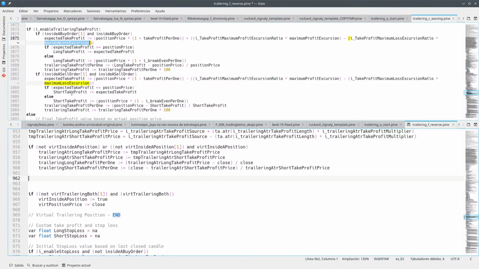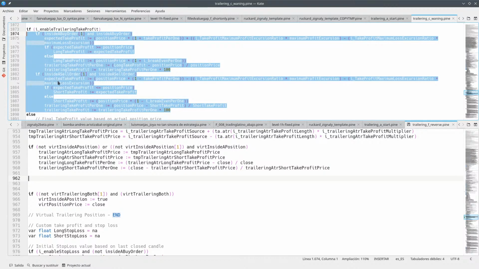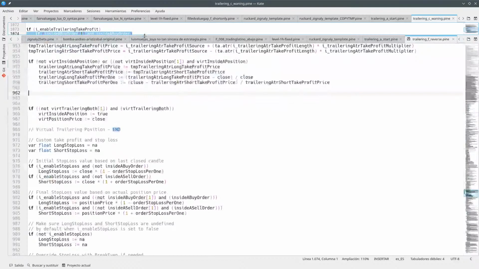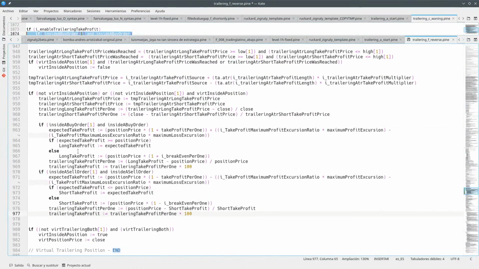Trailing take profit. Yeah, this is going to be the virtual trailing take profit, I guess. Okay, so we want to copy all of this here, and then we will manage how all of this works.